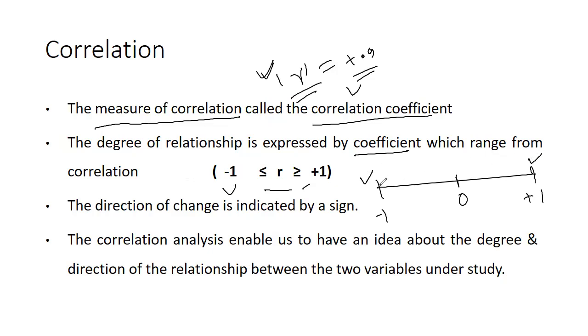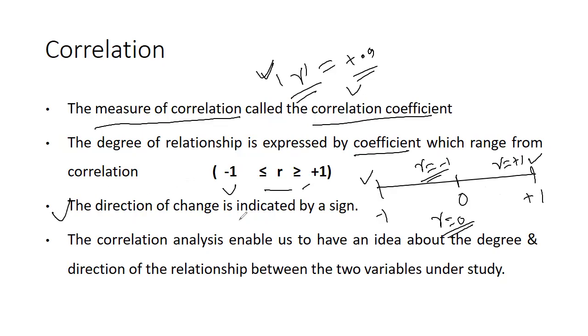If the r value is -1, it is a perfectly negative correlation between the two variables. If r equals +1, it is a perfectly positive correlation. While r equals 0, it means there is no relationship between the two variables.